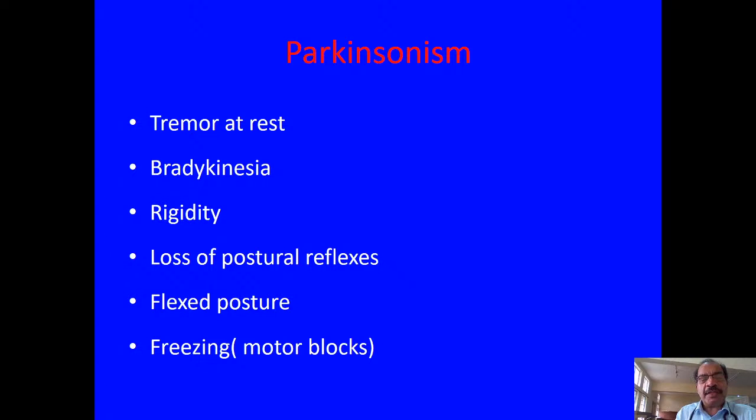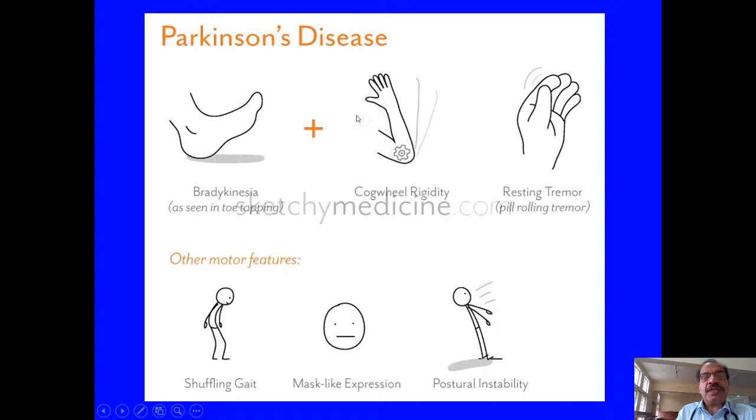It may be idiopathic, then it is called Parkinson disease. When it is associated with some additional features like cerebellar dysfunction or brainstem dysfunction or cerebral dysfunction, then it is called Parkinsonism plus. I'll come to that. So this is just to show the different manifestations or clinical features of Parkinsonism.